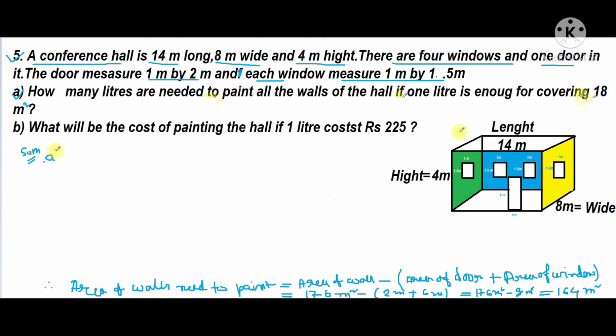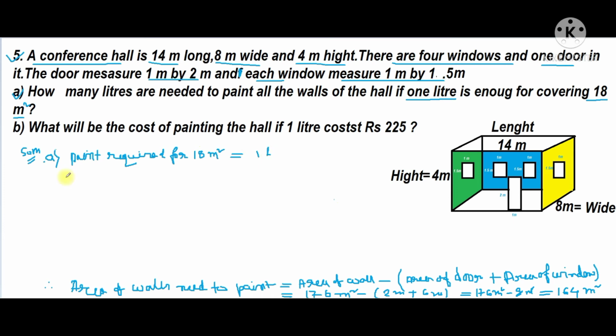There we'll write the paint required for 18 meter square. Okay, here question number A is given. So 1 liter is enough for covering 18 meter square. So paint required for 18 meter square is 1 liter.